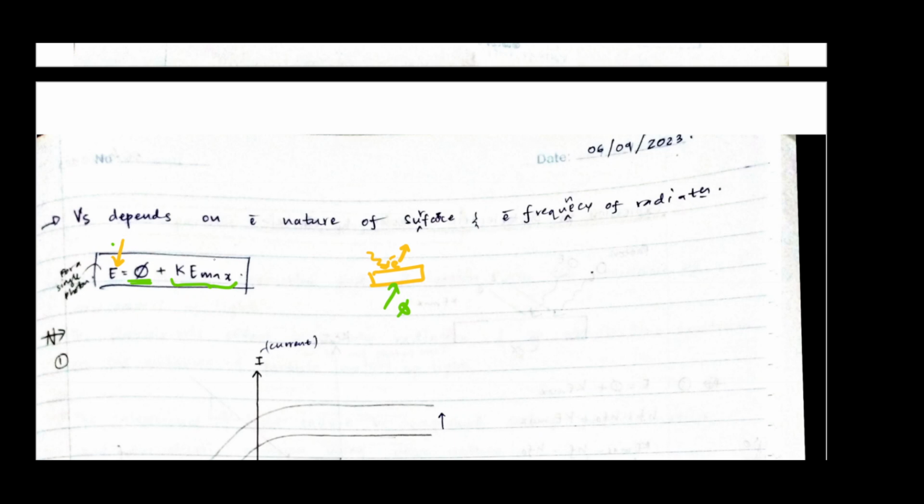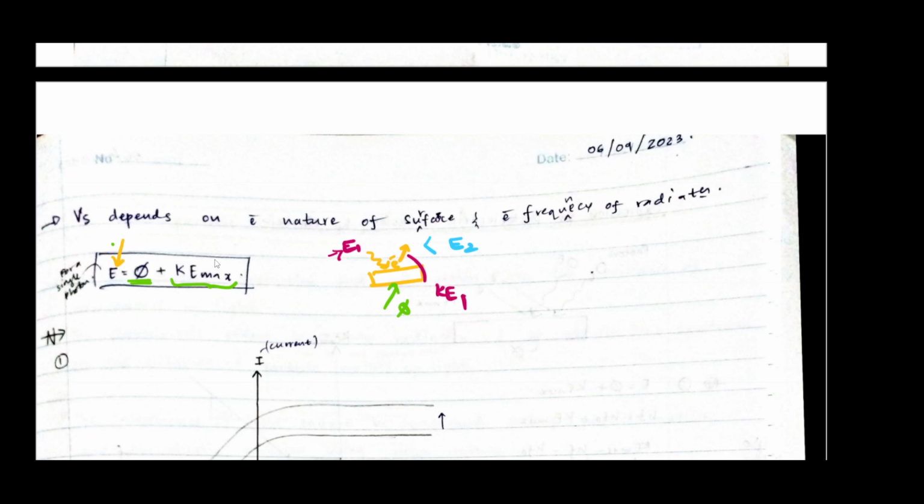Then, when we shine light with photons of energy E1, and we shine electromagnetic radiation with photons of energy E2, where E2 is greater than E1, in that case we can tell that electrons ejected due to E1 photons will have less kinetic energy.